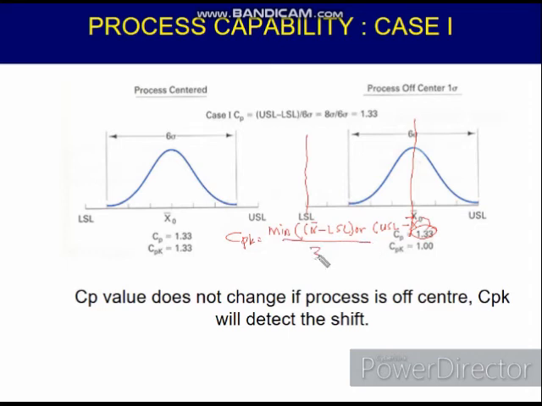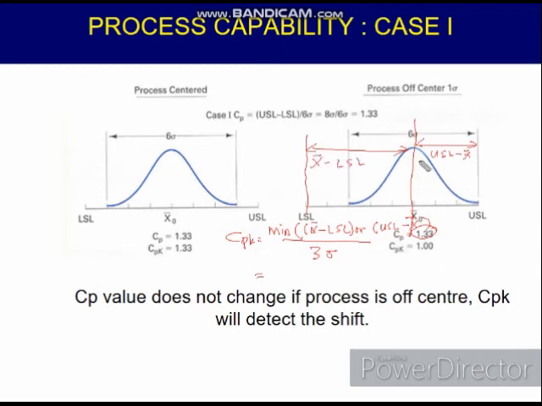Divided by 3 sigma. So if you calculate this, then what you get is this. From here to here is the USL minus X bar, right? And from here to here is X bar minus LSL.